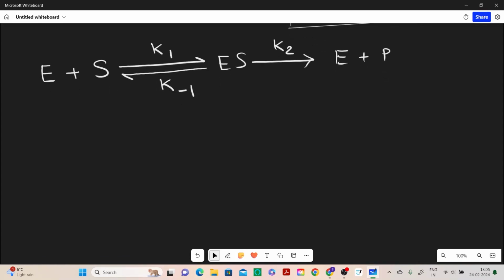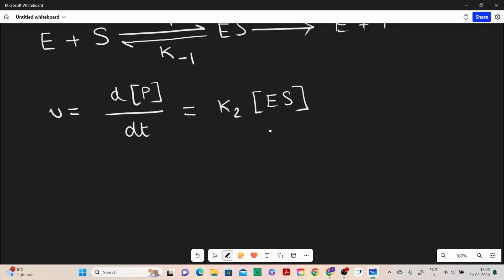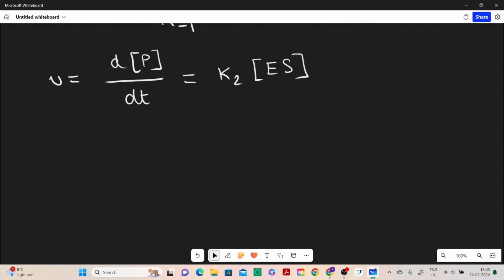So the rate of the reaction is basically the rate of change in the concentration of product over time, and this is K2 times ES. In this equation we want to know this, and this can be found out in chemical labs, and we don't know this. So how can we use this equation?